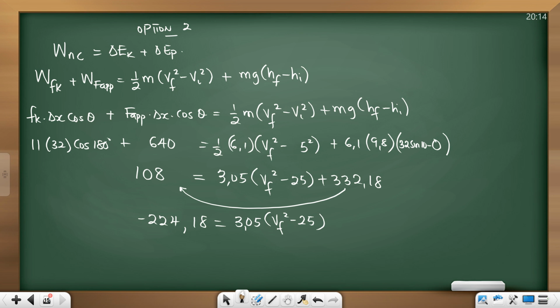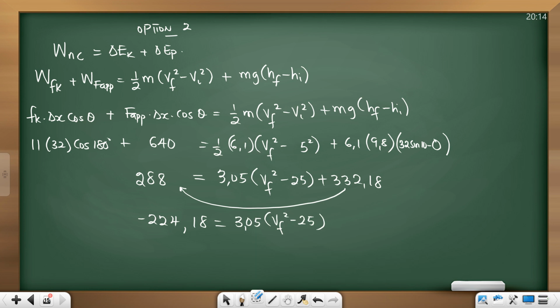So on the left-hand side, it was supposed to be 288. 640 minus that, 288. The mistake is there. Instead of 108, it's supposed to be 288. Now that 288 minus 332,18 is negative 44,18.